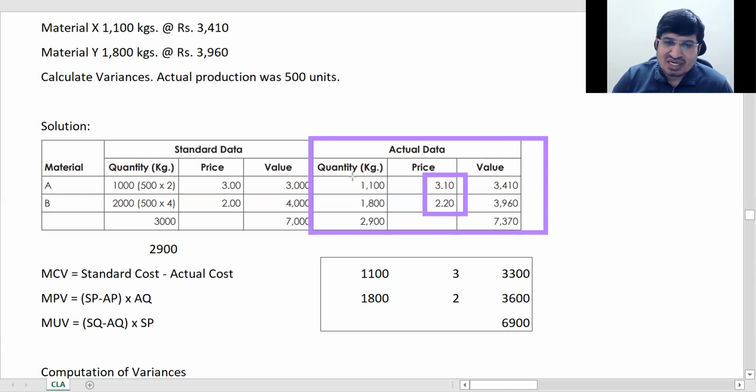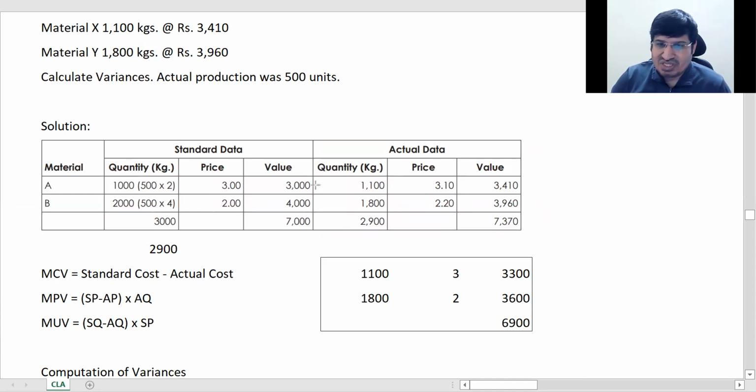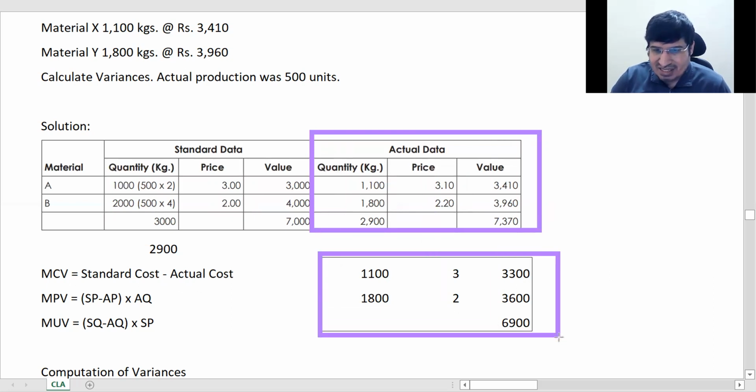And this ratio is little different. ये हमारा जो standard ratio से different है, so we know that there is a mix variance, ठीक है? And this price is different than this price. सबसे पहले हम क्या करेंगे? You will just take the same thing, ये actual data ले लेना है, ठीक है? इसको यहाँ लिख रहा हूँ, ये as it is लिखा है.